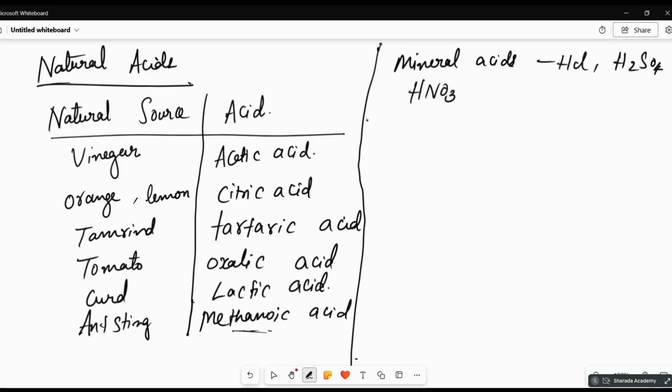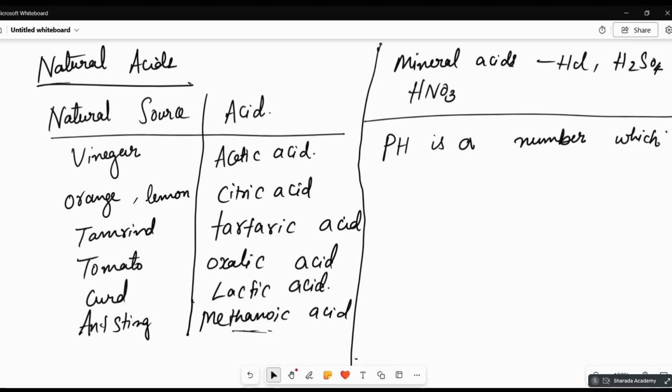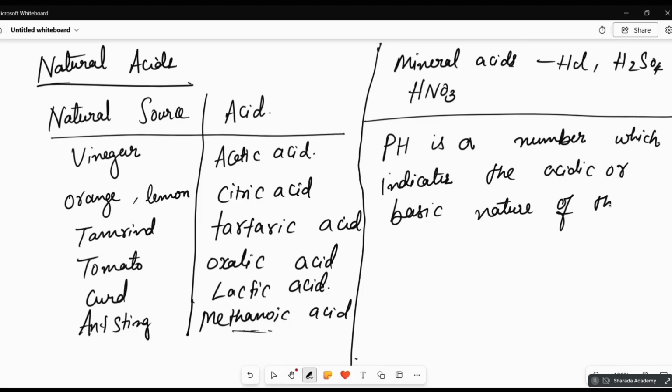Next, write about the pH. pH is a number which indicates the acidic or basic nature of the solution.